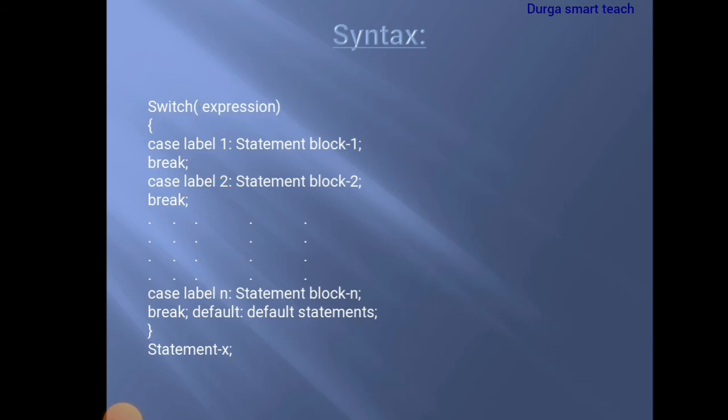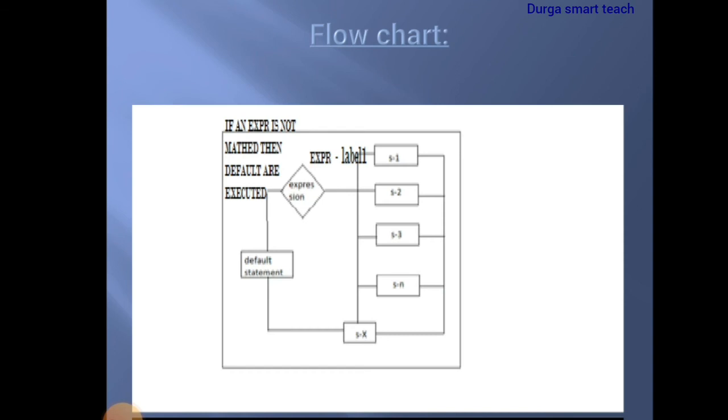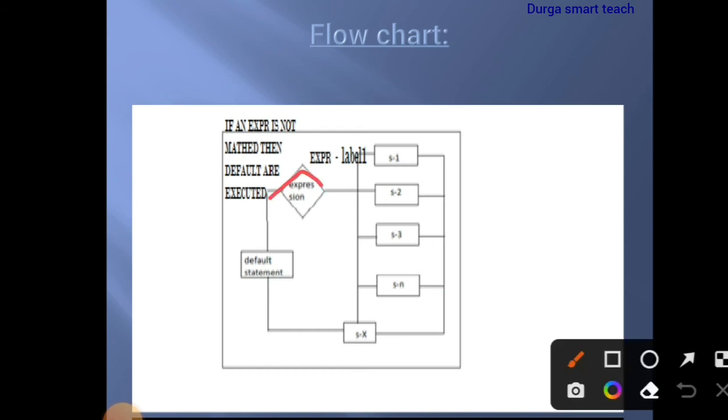Let's see the flow chart. Here is the expression. If this expression matches case 1, then these statements are executed. If the expression matches case 2, then these statements are executed, and likewise for 3, 4.